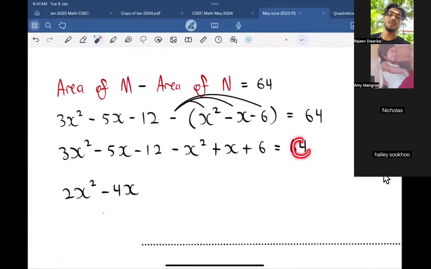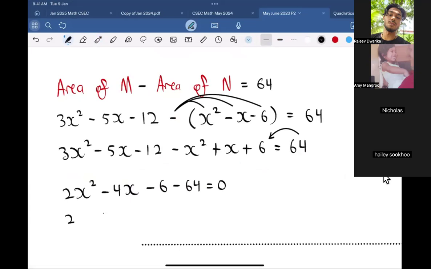If we want to get 0 on this side, do you think we will leave 64? No, we take the 64 and move it across. But before we do anything, what is negative 12 plus 6? Minus 6. Right, and we're going to move across 64 because in our final answer, we want to get 0 on the right-hand side.